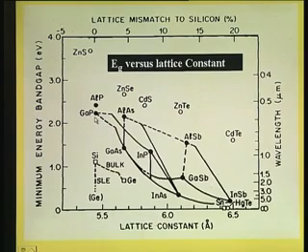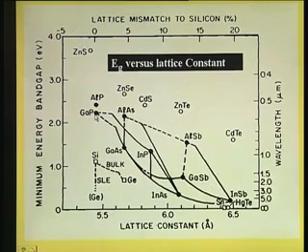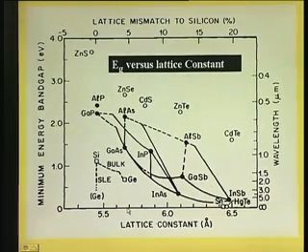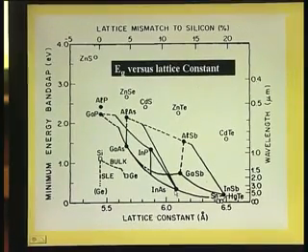You can see in this diagram, I want to tell you something about it. On the x axis you have the lattice constant of each of those materials. For example, gallium arsenide is about 5.65 angstroms. Indium arsenide is quite different.